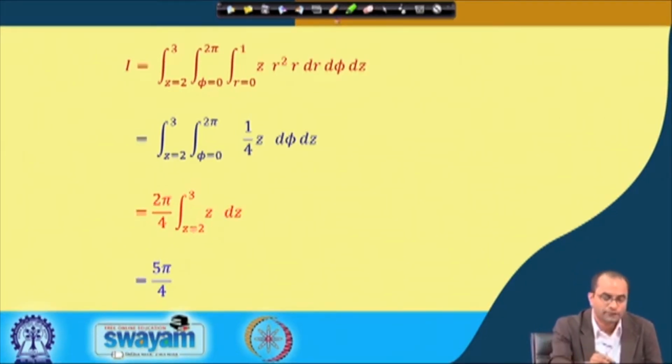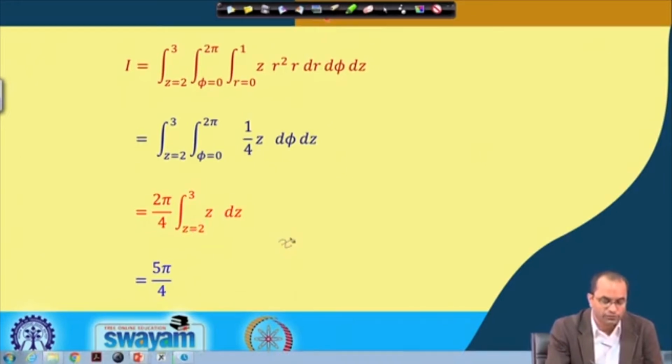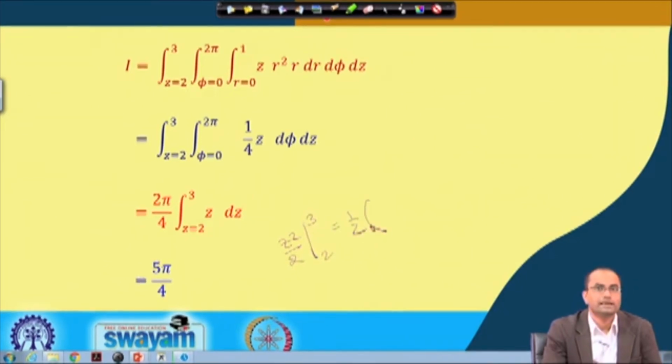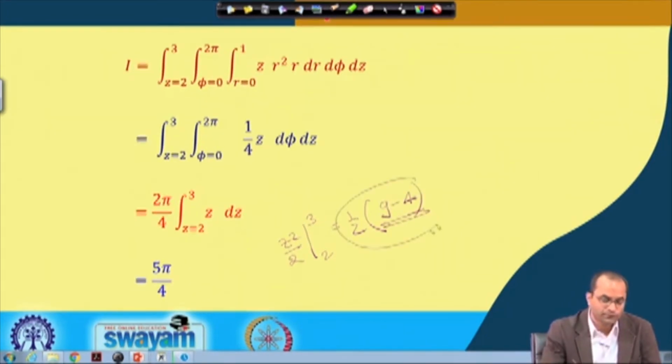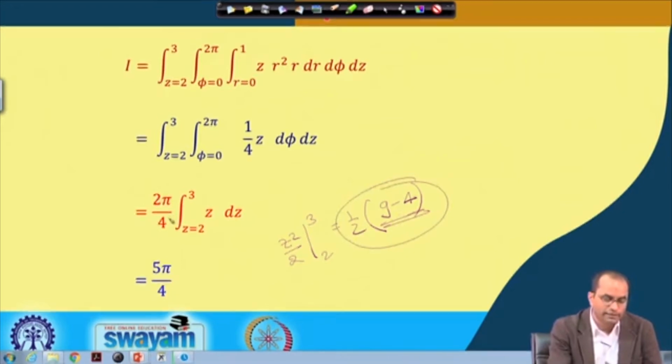So, this will be z square by 2, from 2 to 3. So, this is 1 by 2, and then we have here 9 minus 4. So, that is 5. So, 5 by 2, and then the 2 will get cancelled. So, we have 5 by 4.